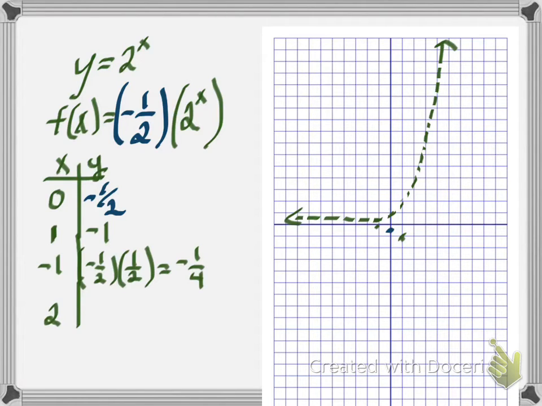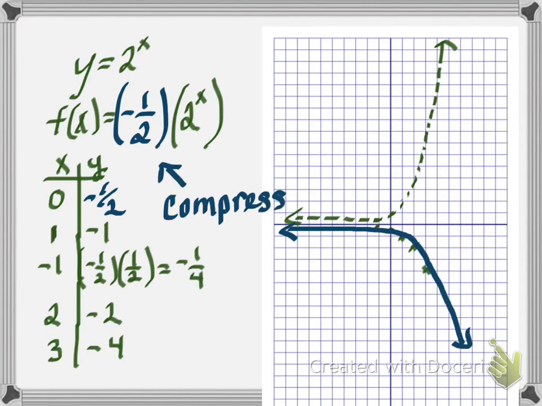And if x was negative 1, that would make the 2 into a 1/2. I showed the math there, reminding everybody of multiplying fractions. What if the x is 2 or the x is 3? So we can see that it was compressed, and it was also flipped or reflected over the x-axis.